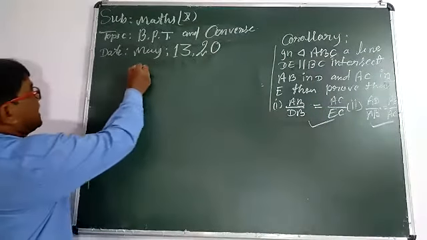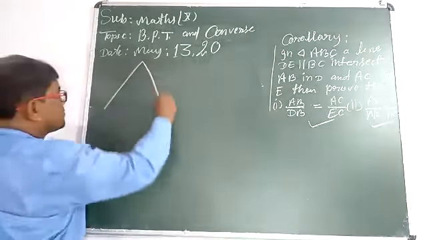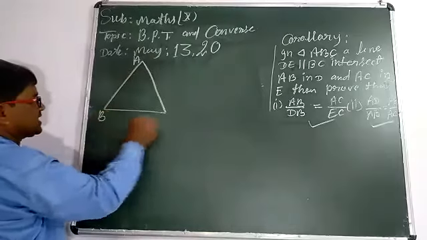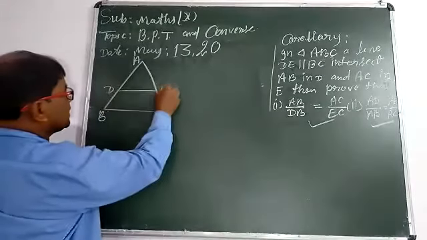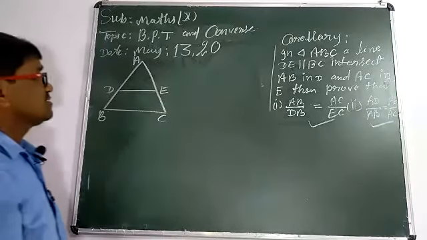Now draw a triangle ABC. This is triangle ABC. DE parallel to BC, just like BPT.